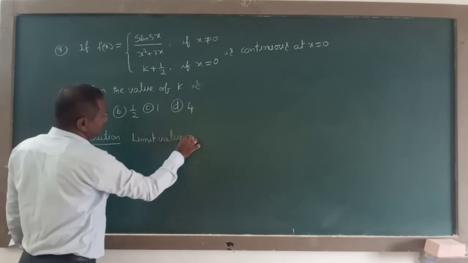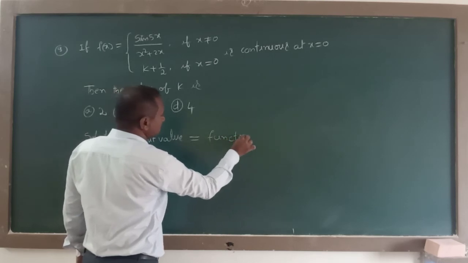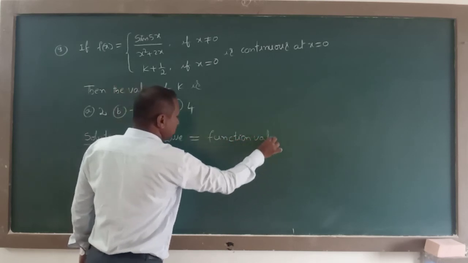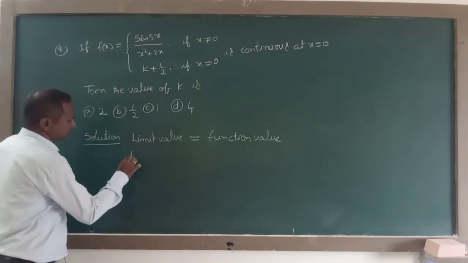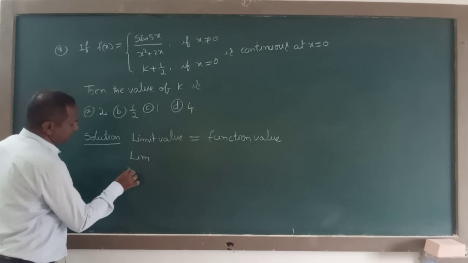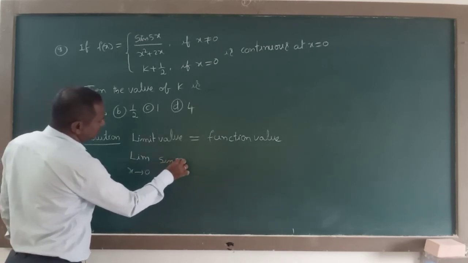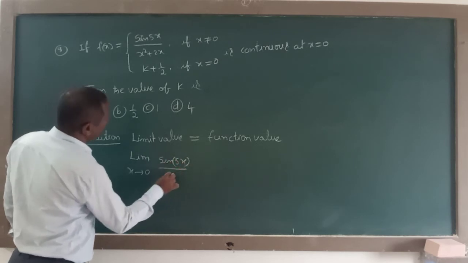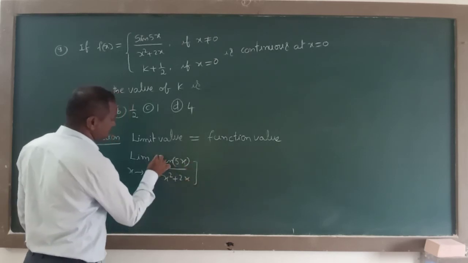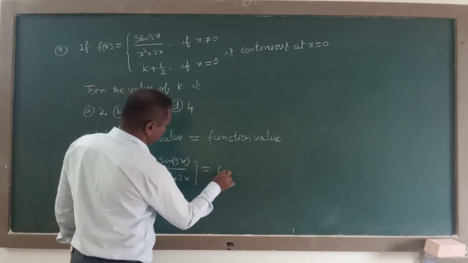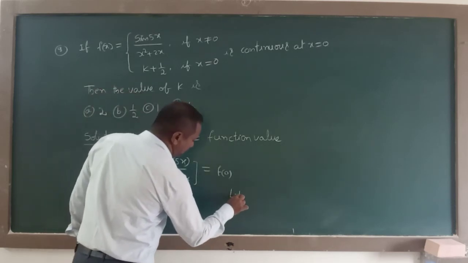You can take the limit as x tends to 0 of sin 5x whole divided by x square plus 2x is equal to f of 0. Then you have to apply LHR, that is L'Hospital rule.